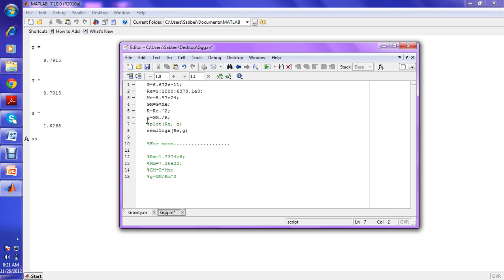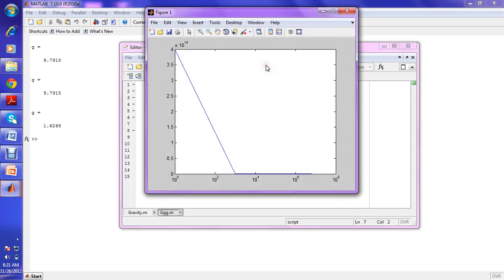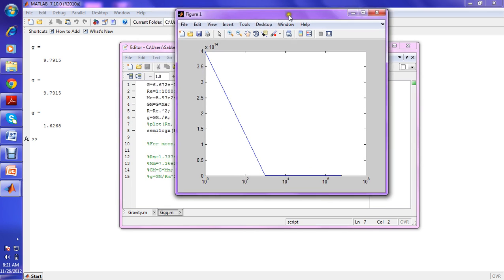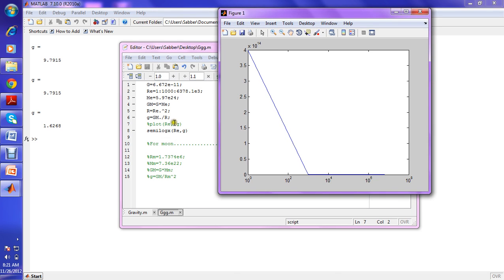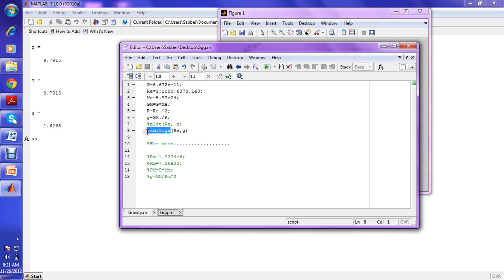Then you can visualize this in a much better way. So let's see. Yeah, so you can see that here. If you put log here, then see how it can vary.